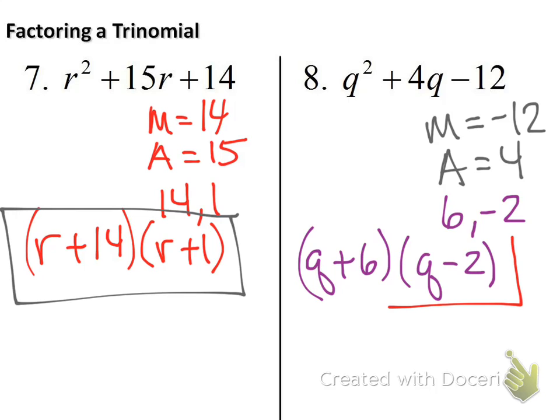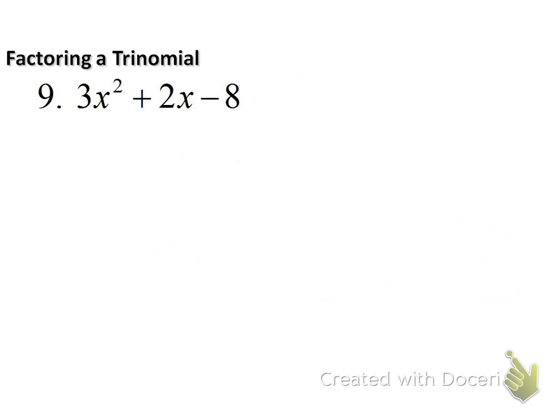Nope. I would divide by a 1, which isn't going to change anything. So I'm good. I am going to just kind of think about checking it. This would be q squared minus 2q plus 6q. That's going to give us 4q minus 12. So I'm good. Any questions?